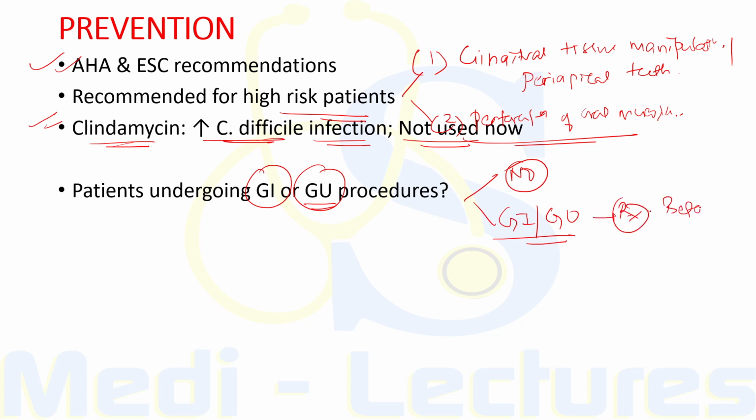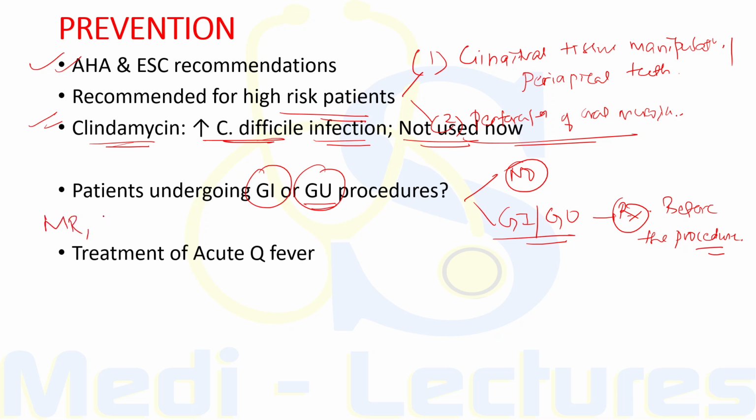This should be treated completely before the procedure is undertaken. So who are at high risk individuals? In patients who already have mitral regurgitation, any congenital heart disease, aortic regurgitation, prosthetic valve, these are high risk individuals in which any cause of transient bacteremia can lead to infective endocarditis.